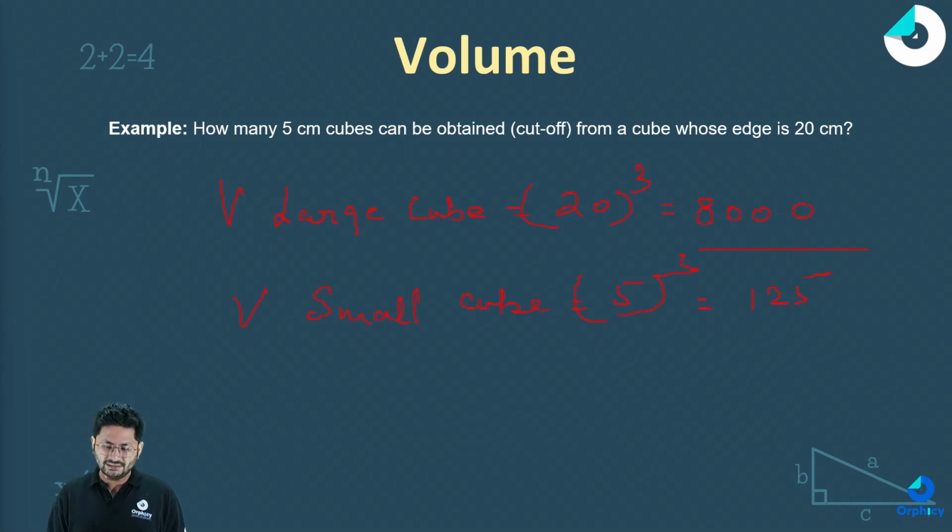Now divide these two things, मतलब 8000 divided by 125, this will give you the total number of cubes जो कि बन सकते हैं छोटे वाले. तो कैलकुलेशन 5 into 2 10, 5 5 25, 515 and 5 6 30 00. 25 से काट देते हैं, 25 into 6 150 और 100 बचा 4. So 64, a total of 64 cubes can be made with the help of this bigger cube.